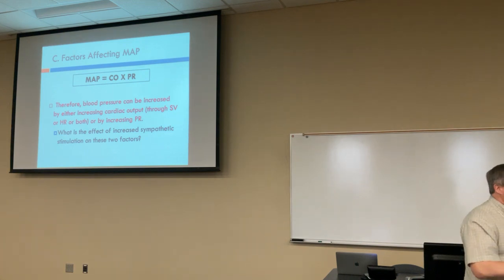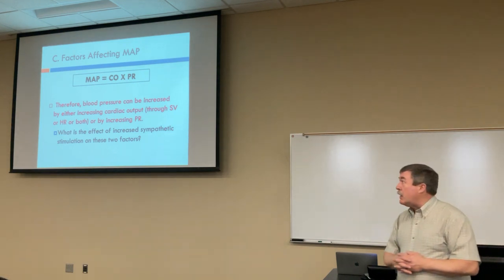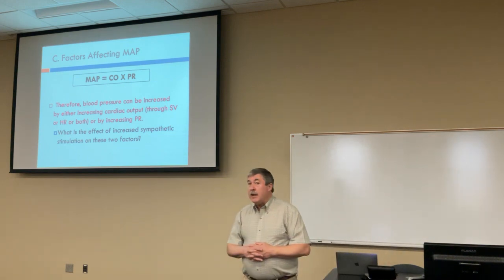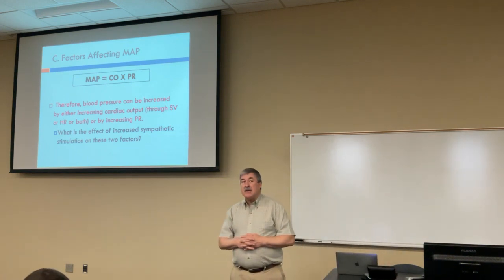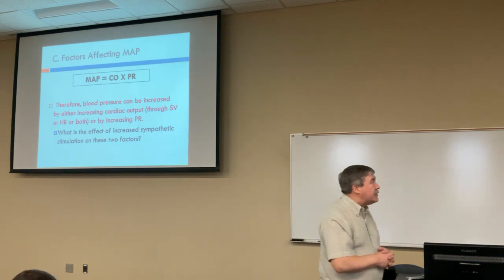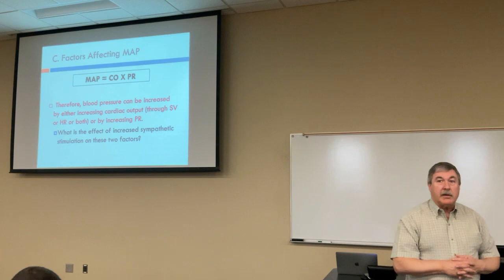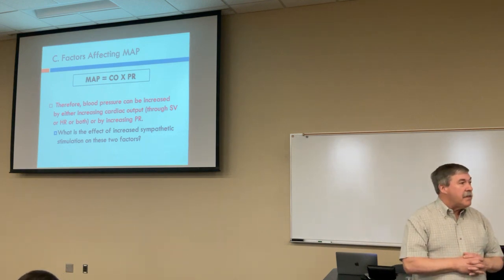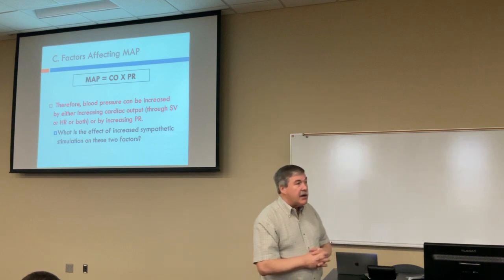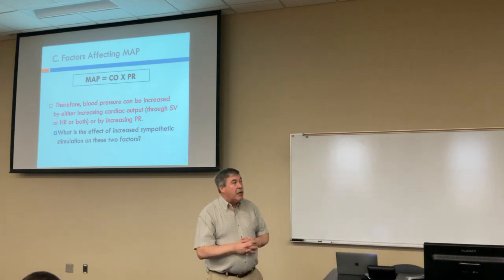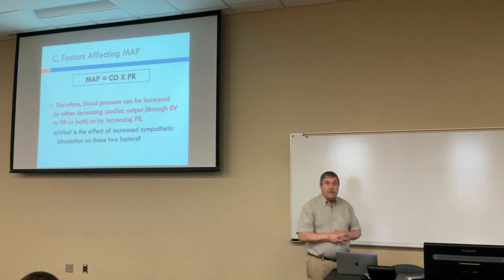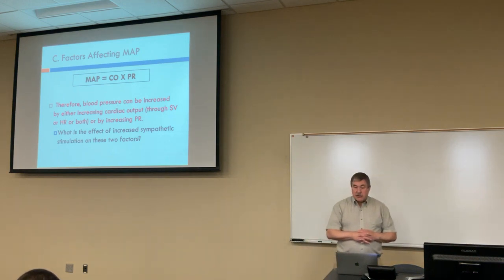So sympathetic stimulation would cause cardiac output to go up, and it would also increase peripheral resistance because there's sympathetic inputs to blood vessels as well that will cause vasoconstriction. And that will increase peripheral resistance. In turn, that will cause an increase in blood pressure. So both of those would be affected by sympathetic stimulation.